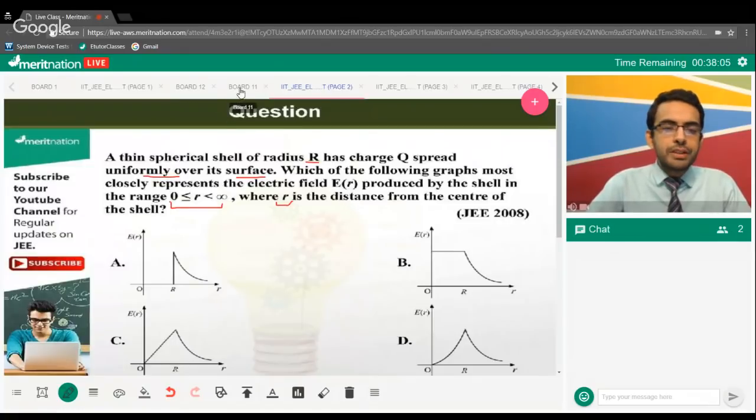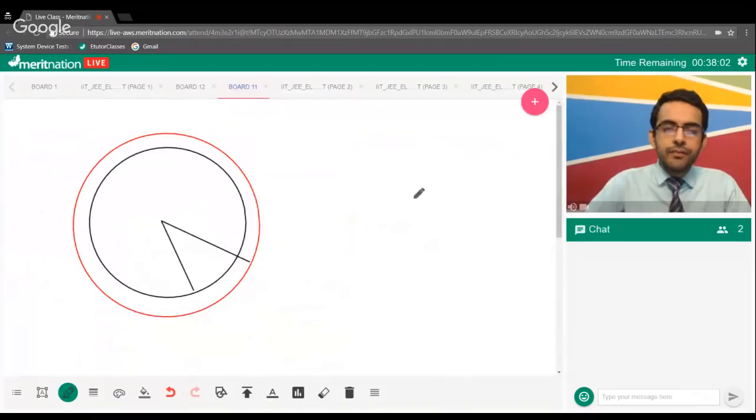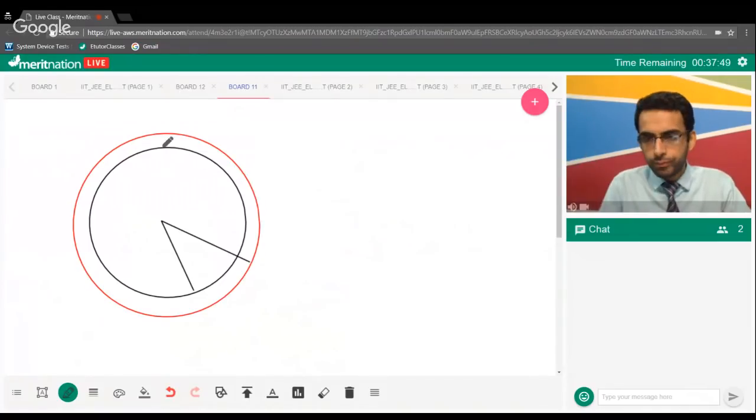Dear students, we can see a very small derivation from Gauss's law. Suppose this black circle represents the shell. Shell means a hollow sphere. It's given that it's uniformly charged.